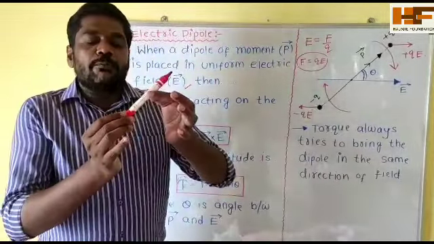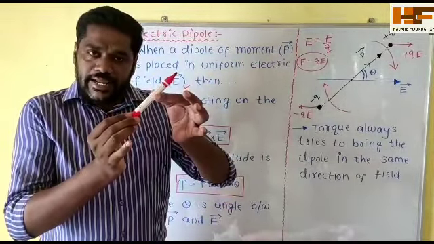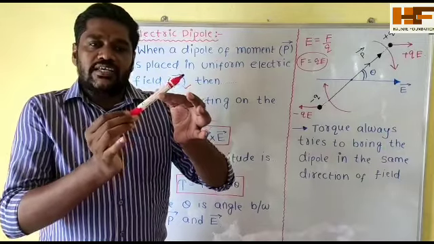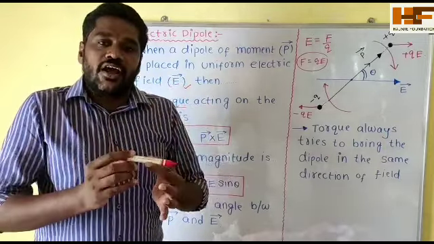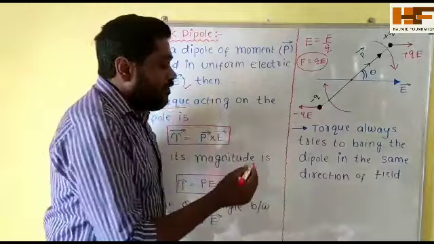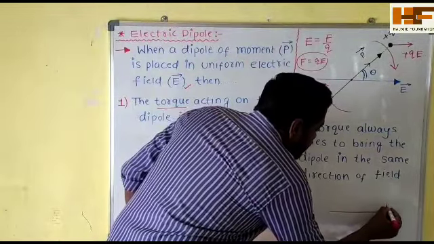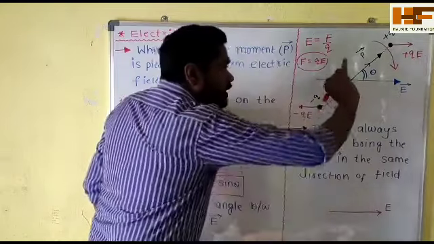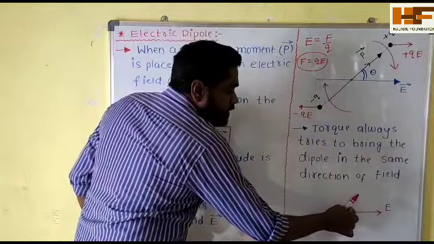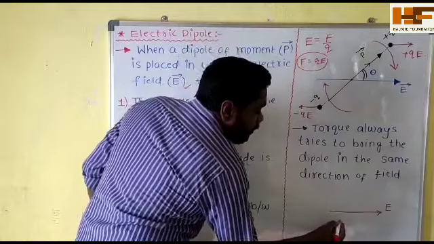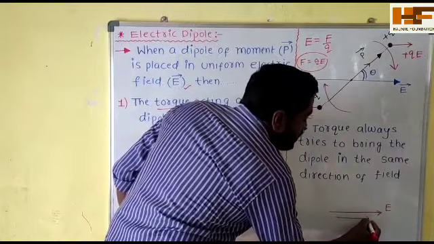Therefore when you place a dipole at any angle theta, it always comes into the same position of the electric field. This I am taking as the electric field direction. The dipole is also coming like this. After some time the dipole also comes into the same direction of the electric field.